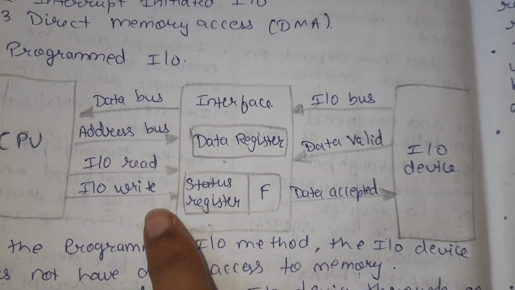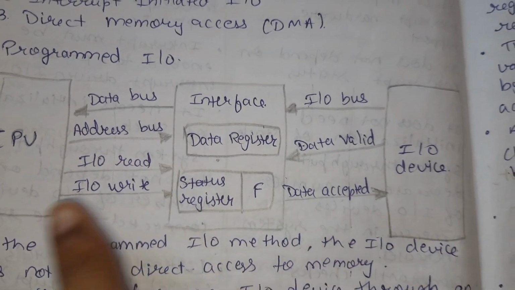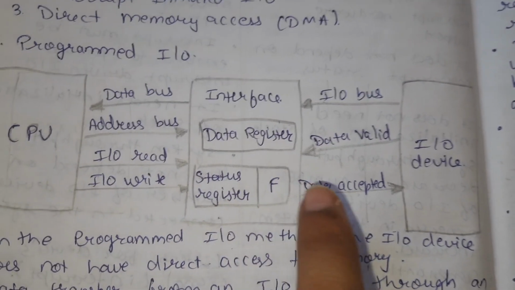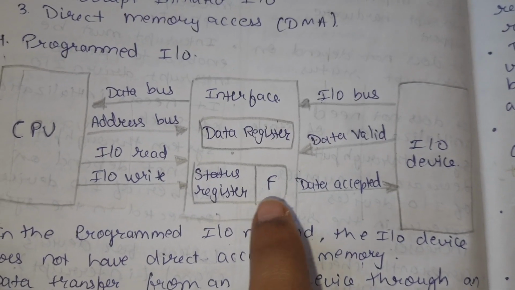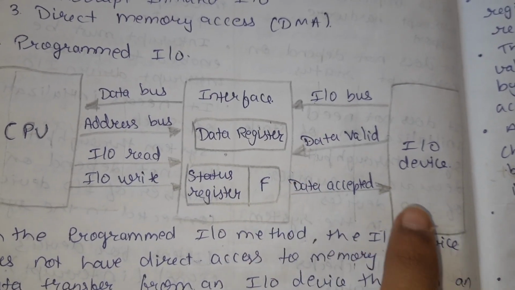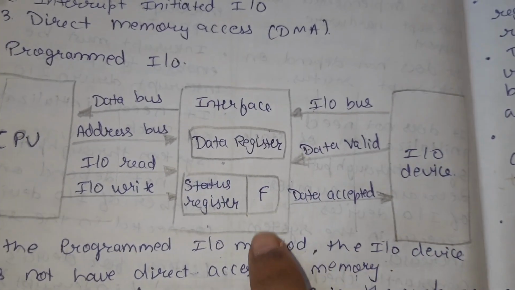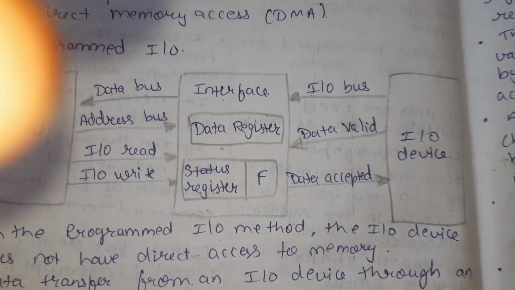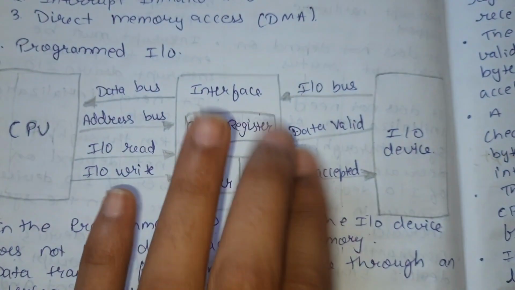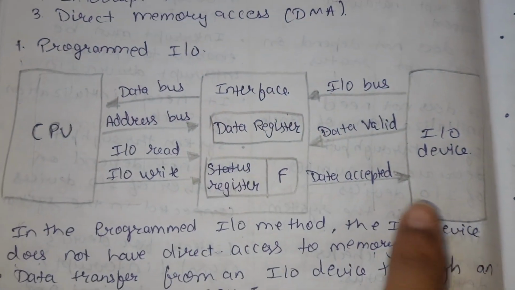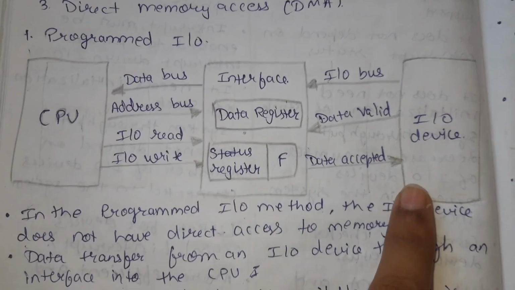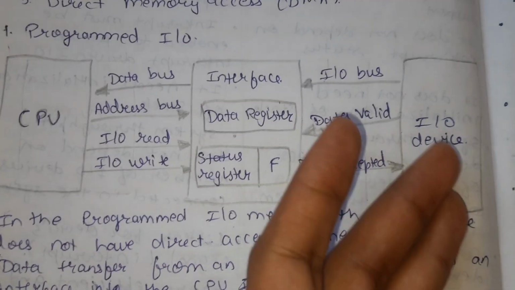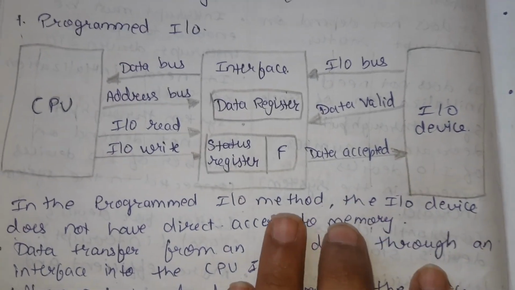After that, input output read or write comes, and it will be counted in the status register. If it is true that it is read, then we send the message to the input output device that data is expected. It means data is received properly, so it is sending an acknowledgement. We are sending the message that it is received.